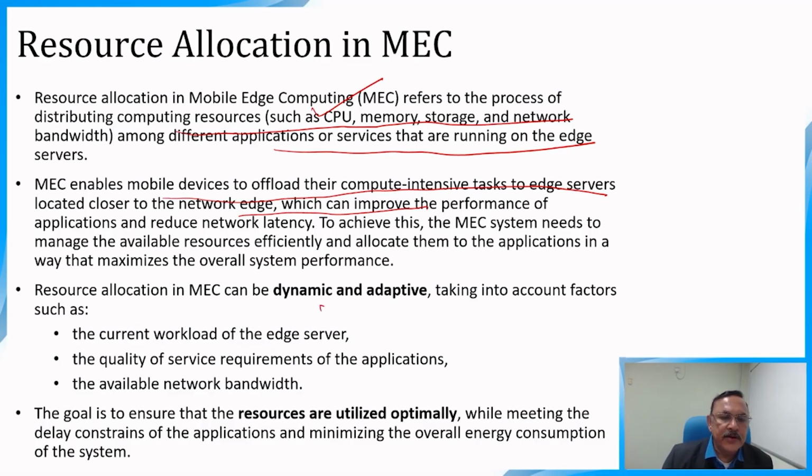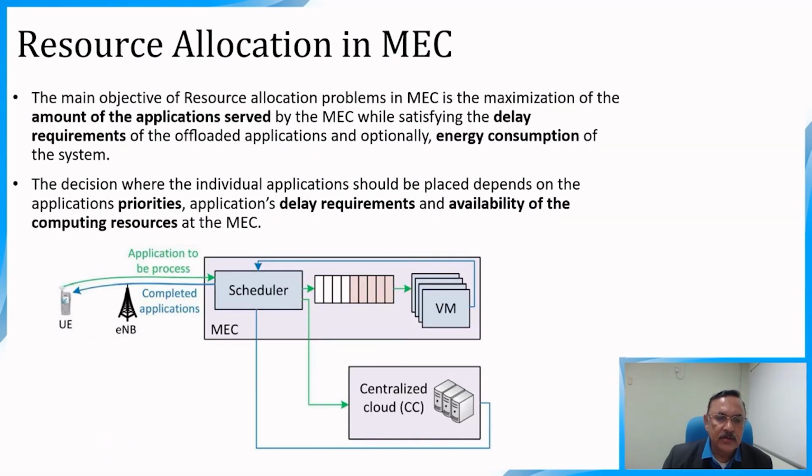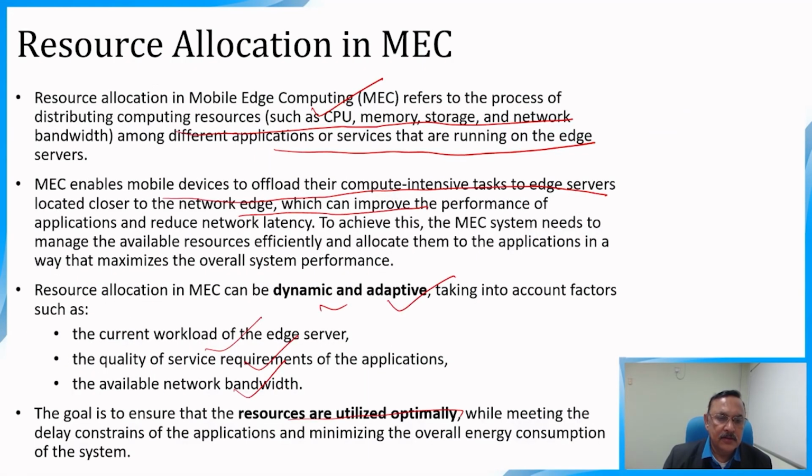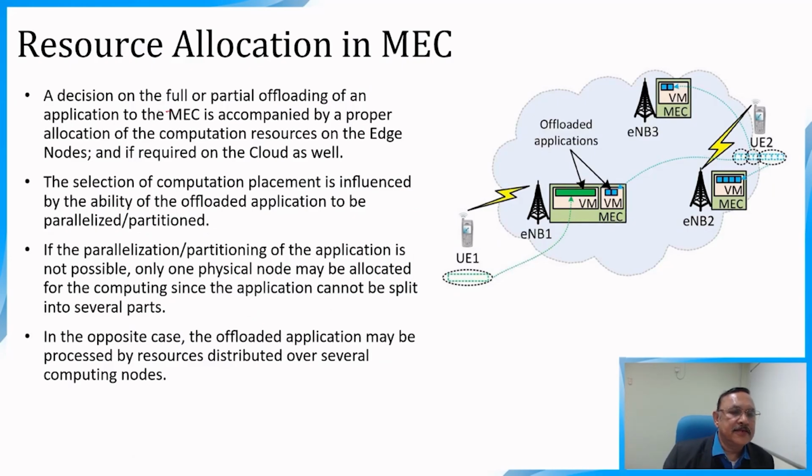Resource allocation can be dynamic and adaptive depending upon the current workload of the edge server, the quality of service requirement of the application, and the available network bandwidth. So, the goal is to ensure the resources are utilized optimally.